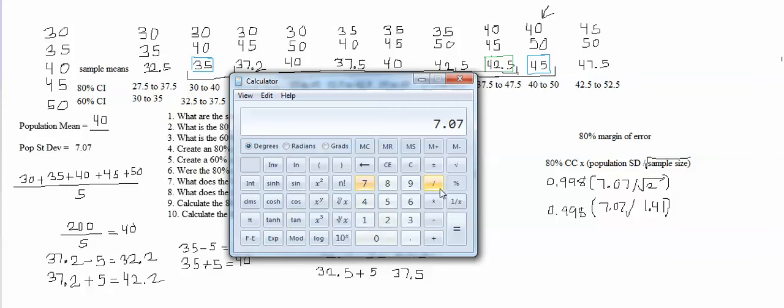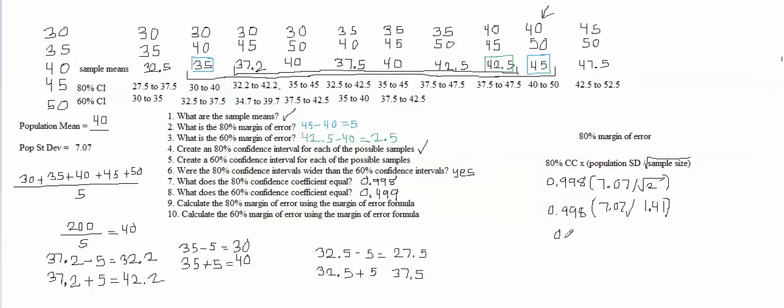7.07 divided by 1.41 is 5.01. So now, inside of the parentheses, all we have is 5.01.